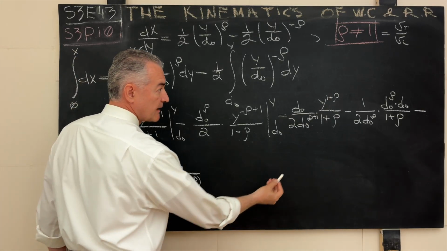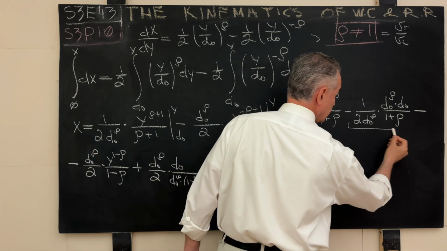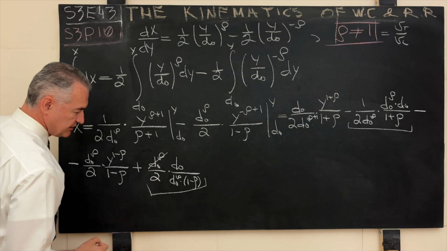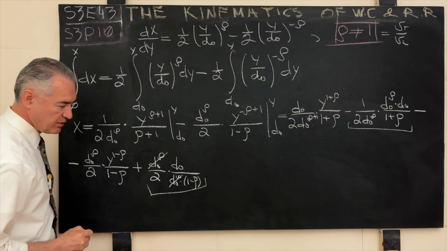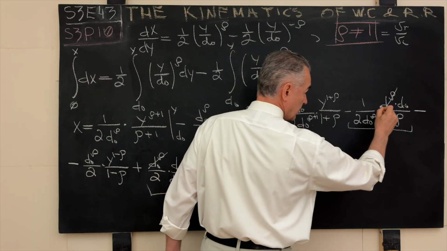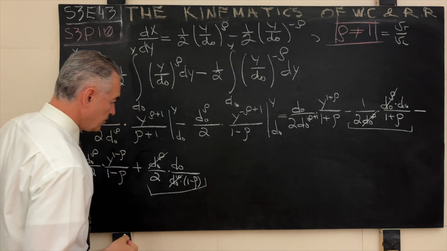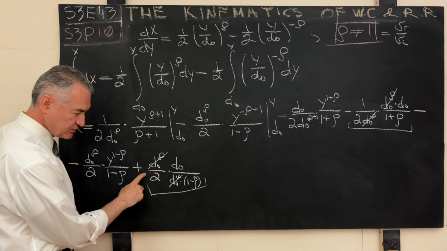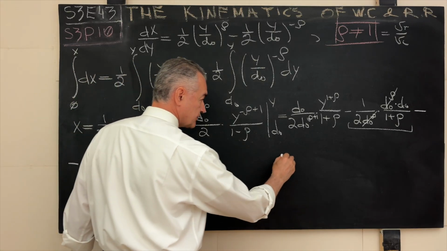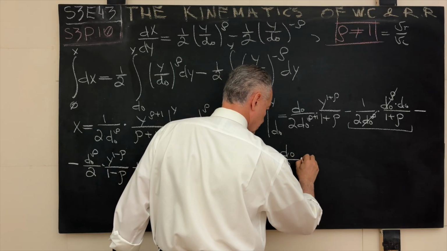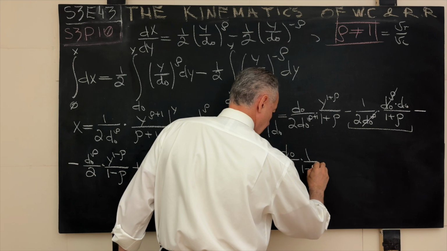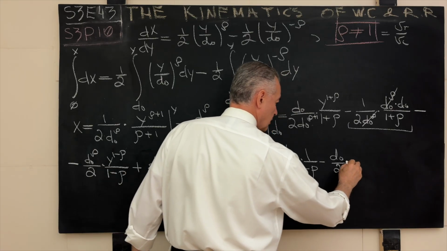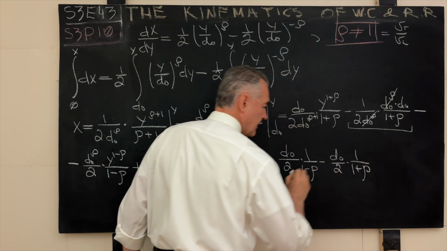Well, let's work on the constant terms. Let's work on this term right here and this term right here first. Look at this. d0 raised to the power of rho, d0 raised to the power of rho cancel out. Same thing over here. One copy cancels out. And what do we have? Let's do this arithmetic over here on the side. So we will grab this term because this is with the plus sign, d0 over 2. So we have d0 over 2 times 1 over 1 minus rho minus d0 over 2 times 1 over 1 plus rho.